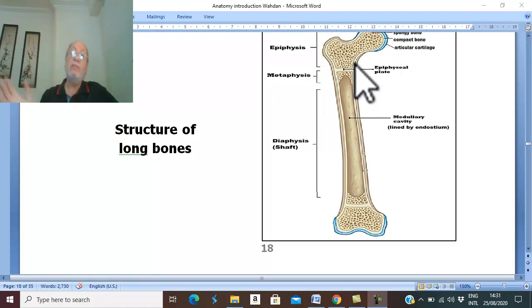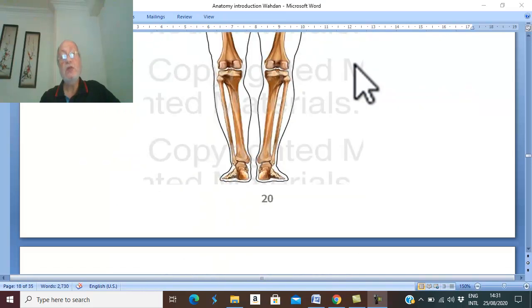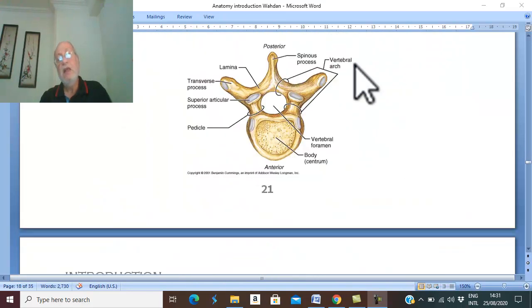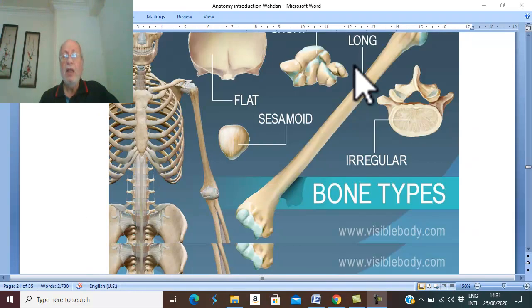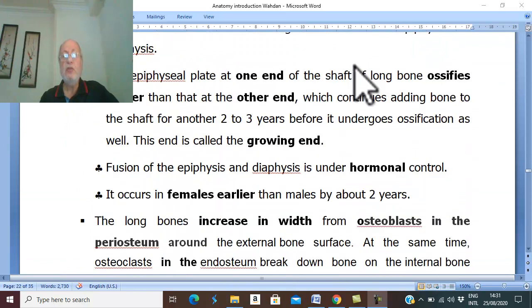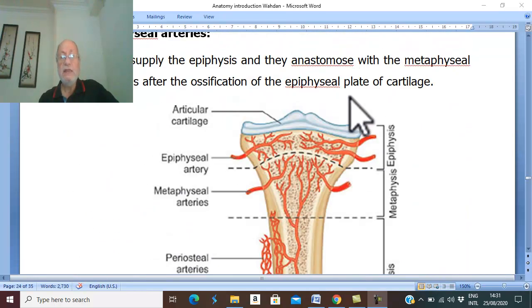The other arteries that supply the long bone are named according to the part of the bone they go to. What is this? This is the epiphysis of the bone.